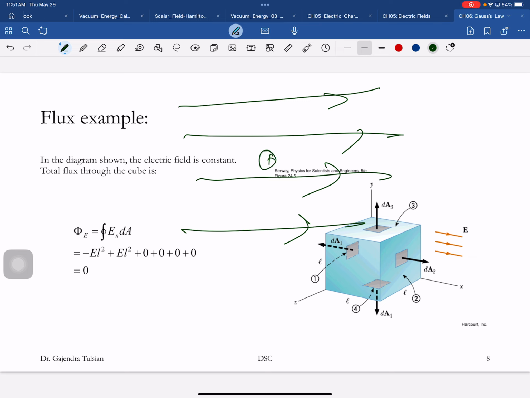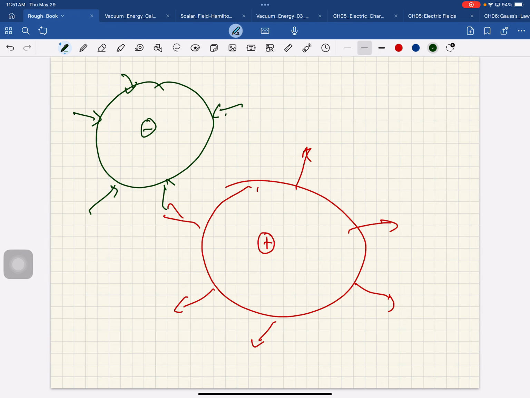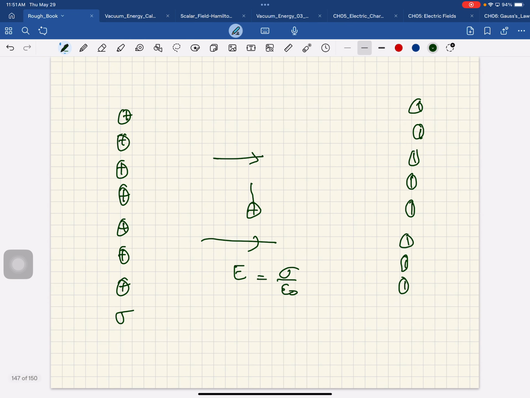One way to have a uniform field is a parallel plate capacitor. You can smear this wall with positive charges and that wall with negative charges, and you can have a uniform field here. As soon as you put a charge anywhere in this room, that'll ruin the uniformity of the field.